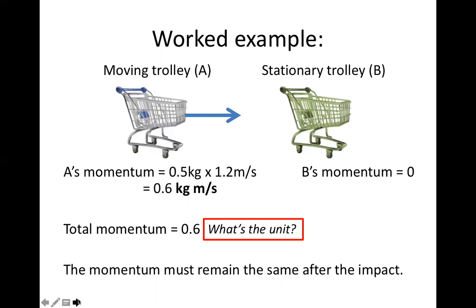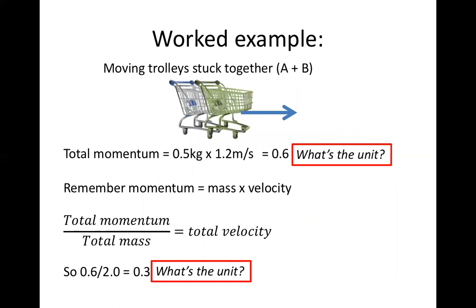B's momentum is 0, because the mass is 1.5 but the velocity is 0, and anything times 0 is 0. So the total momentum before collision is 0.6. The momentum must remain the same after the impact, so after impact it is also 0.6.